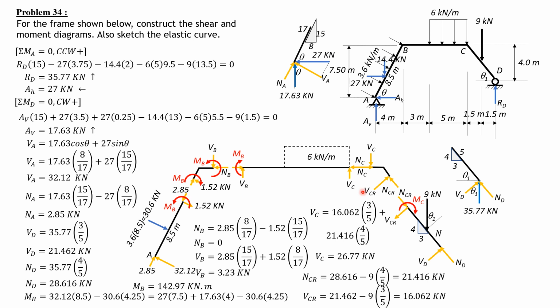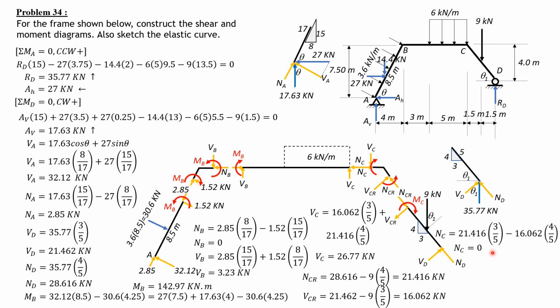So N_C plus V_CR sine of theta, V_CR is 16.062 sine of theta.